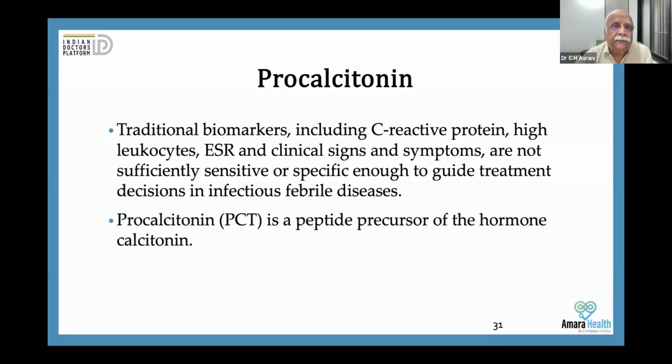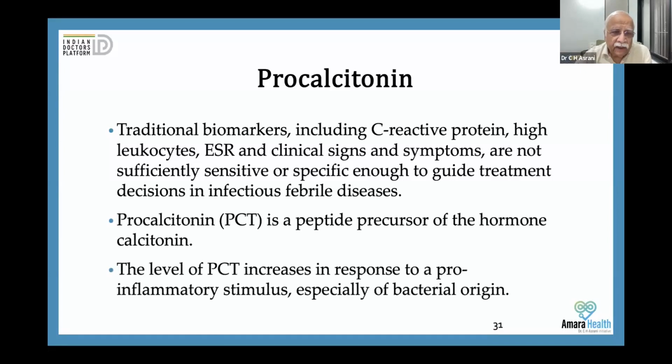Procalcitonin is a peptide precursor of the hormone called calcitonin. The level of procalcitonin rises in response to a pro-inflammatory stimulus, especially of bacterial origin. You will not get procalcitonin high in a viral infection.